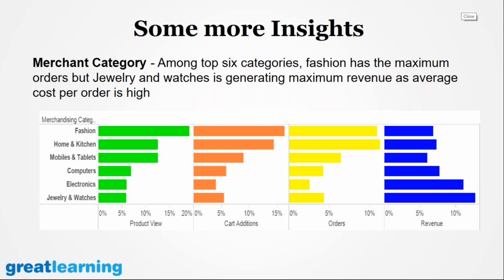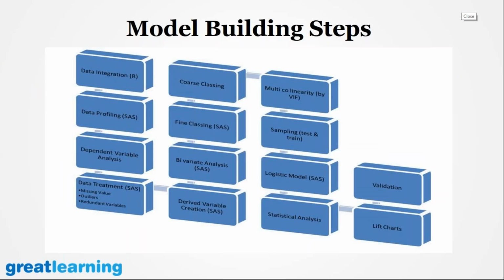ShopClues also sells gold bricks, so you buy 1 brick, the order is 1, but maybe like 27 lakhs or something like that. In orders, I think fashion and home and kitchen are pretty much neck and neck. The rest have fewer orders. Revenue wise, jewelry and watches are the maximum, and then there are others which follow.